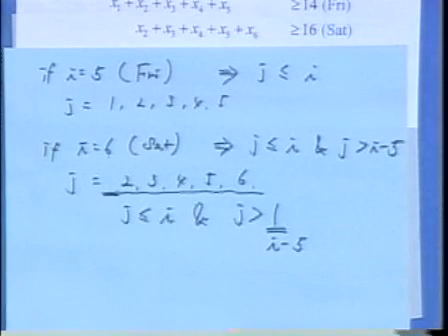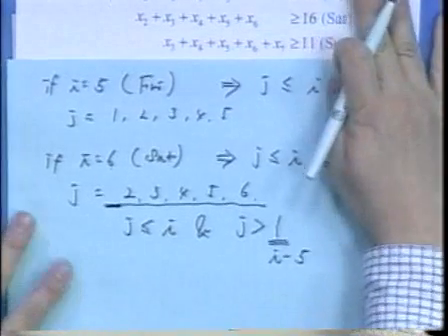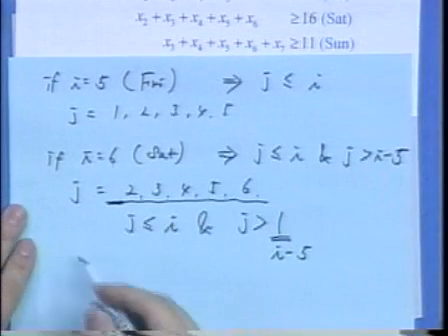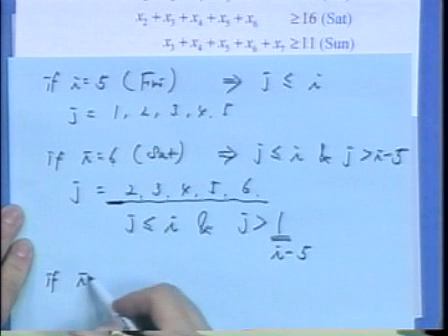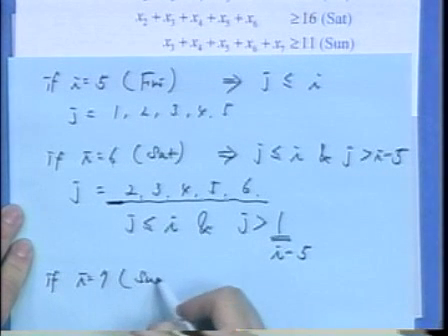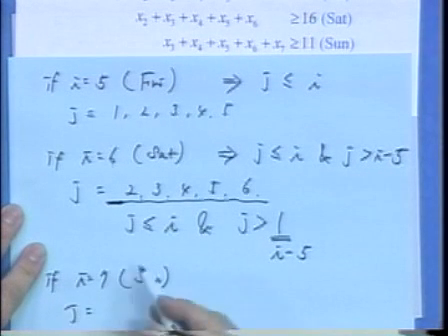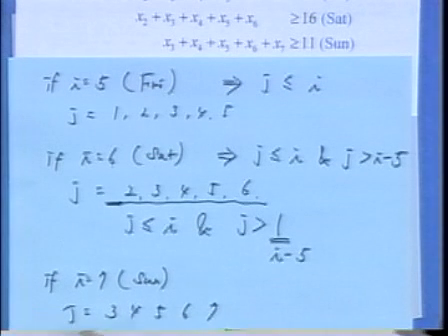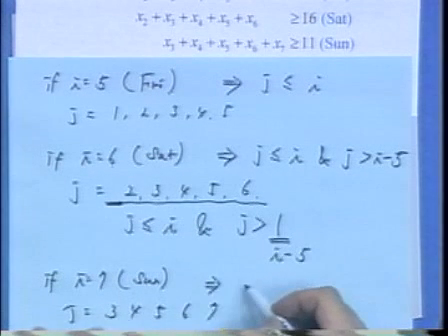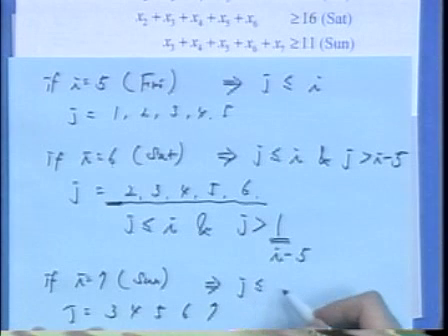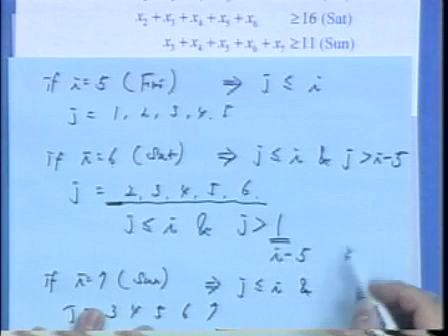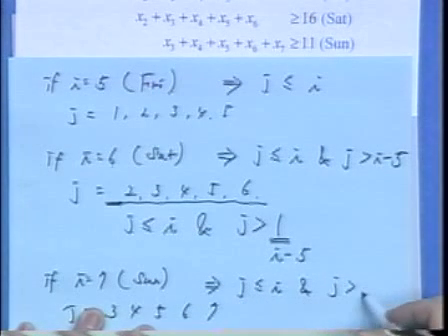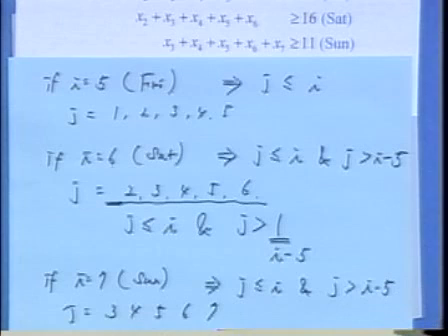Okay? Likewise, the last constraint, Sunday constraint, if I equals 7, j can take the values of 3, 4, 5, 6, and 7. Also, all these values can be obtained by these two restrictions, right?